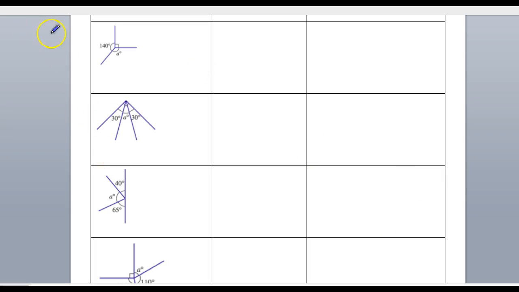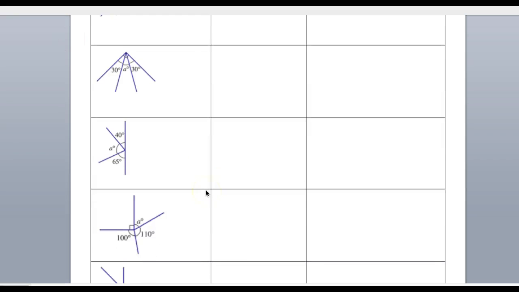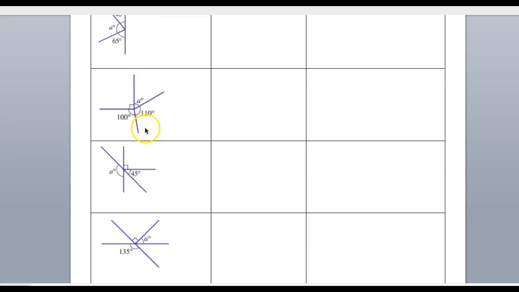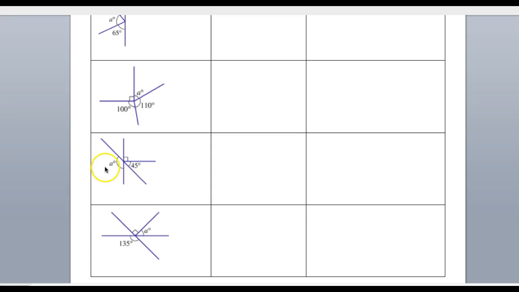Okay, let's scroll down. So I might talk you through just a few of these. So here they have to all add up to 360, and we have a right angle in there. This one here actually requires you to realize that this angle here is vertically opposite to this angle here.